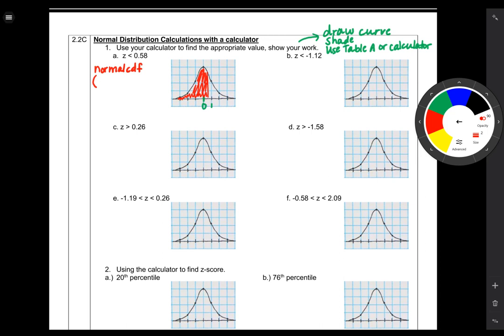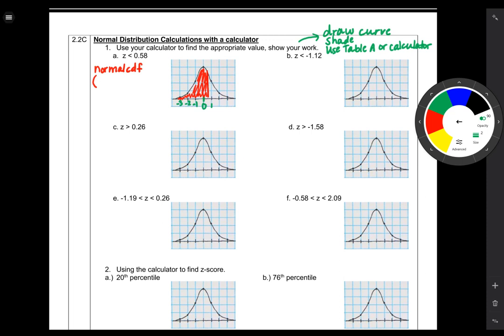So for this one, the lower bound line is going to be to the left. Anything to the left of this line is going to be your lower bound. So this is 0, -1. I'll label it just to show you. -2, -3. And you want to pick a number far enough away that you're not going to have to worry about it.